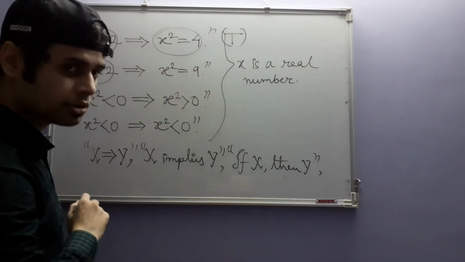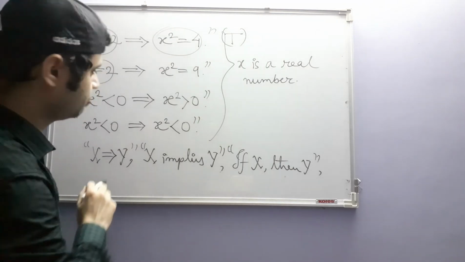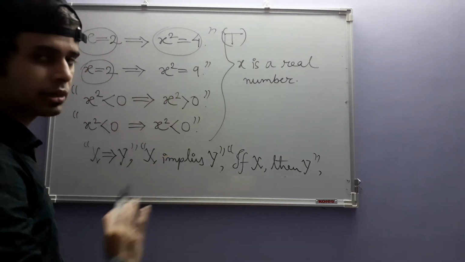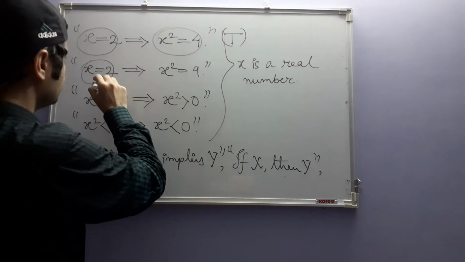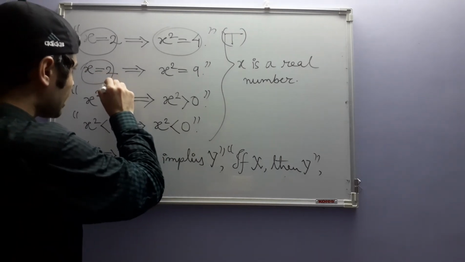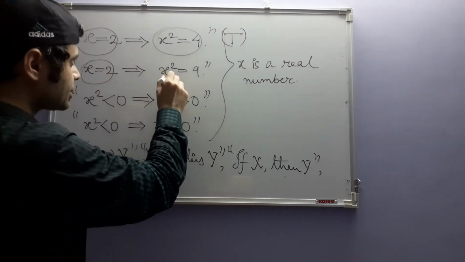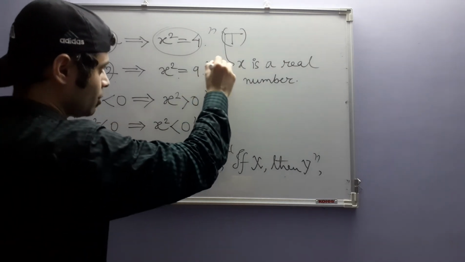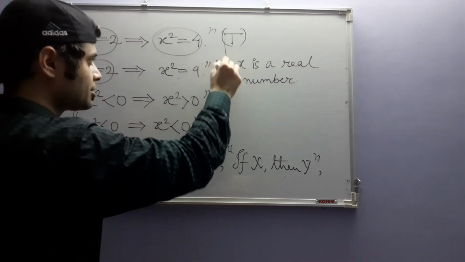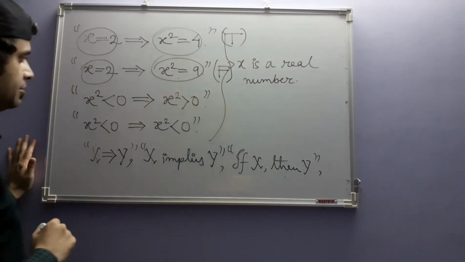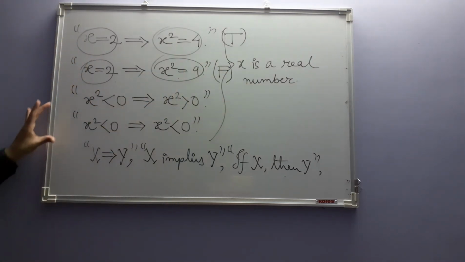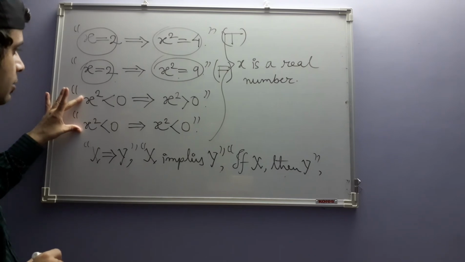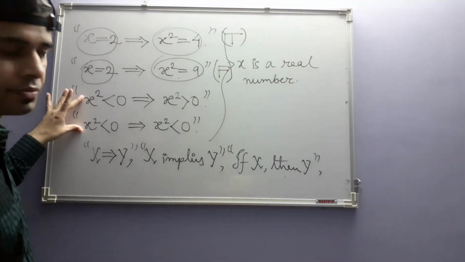But then x squared is equal to 9, that is not true. When x is 2, x squared is not 9. So true hypothesis, false conclusion gives us a false implication. This cannot be the case. The last two, however, are true.